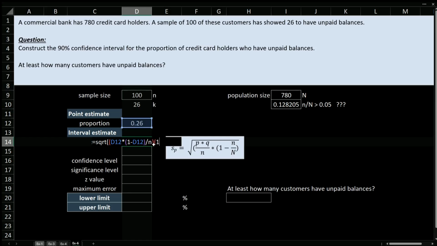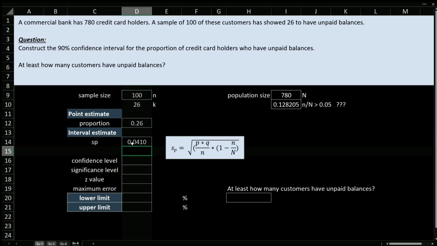So 1 minus n over N. However, we have that n over N there. I can just click on that, or let me select the same thing, n over N. One more time, SQRT P times 1 minus P or Q divided by n. Here by mistake I have typed N, so it is sample size, it is this value, D9 or 100, multiplied by 1 minus n over N. So it is 0.04.